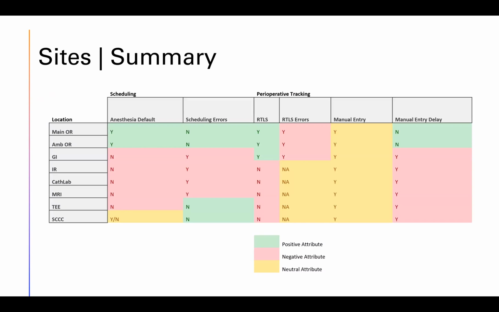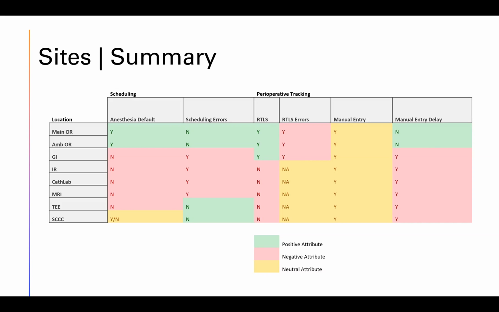So this kind of summarizes what these issues are based on the different locations. I color-coded them with the positive and negative and neutral attributes, in terms of the scheduling portion. For us, from the anesthesia team, we'd like to know when anesthesia is required. So the main OR and ambulatory ORs have the default setting for anesthesia requests, while the other areas do not.